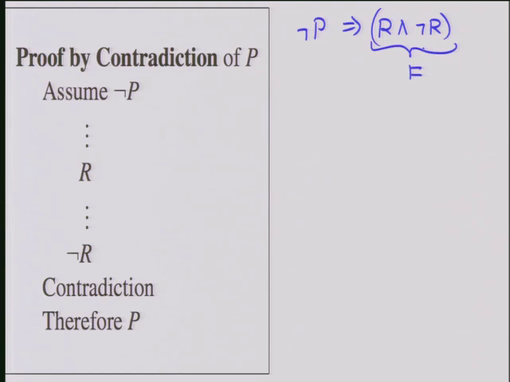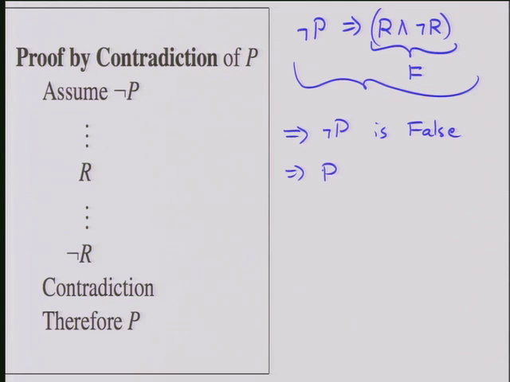Now, in order for this implication to be true, what must be the case? The only way that this implication can be true is if not P is false. So it must be the case that not P is false, which means that P is true.